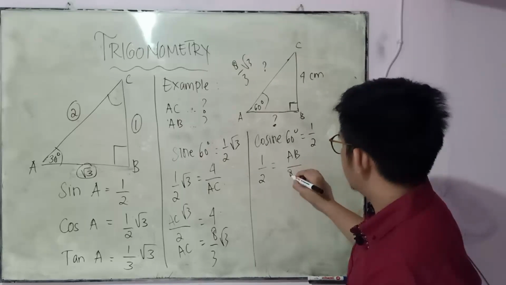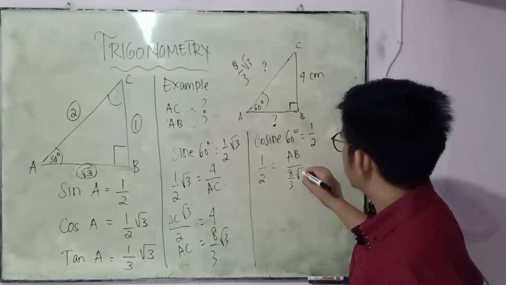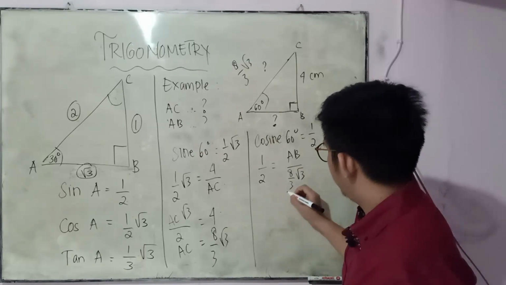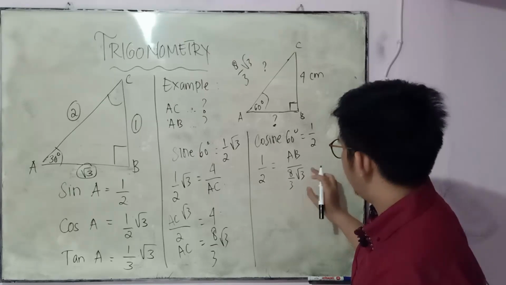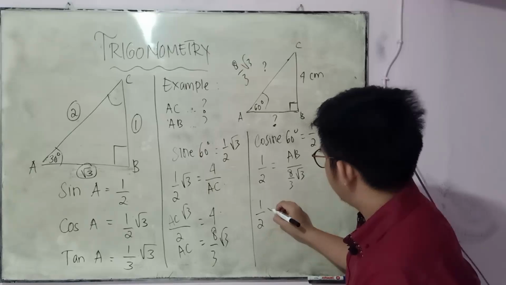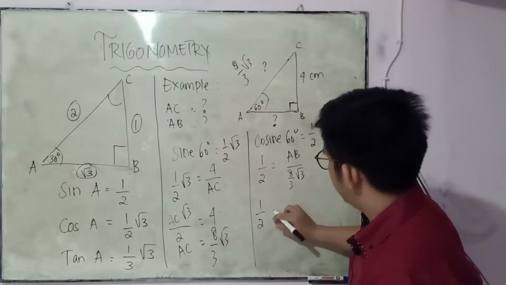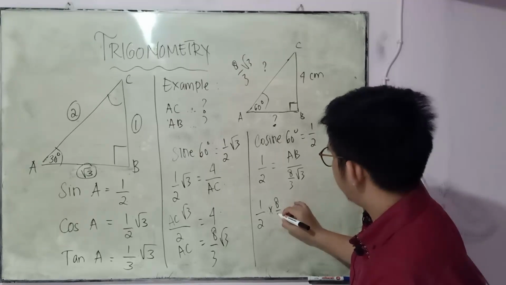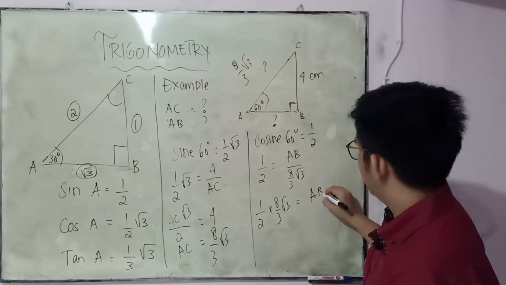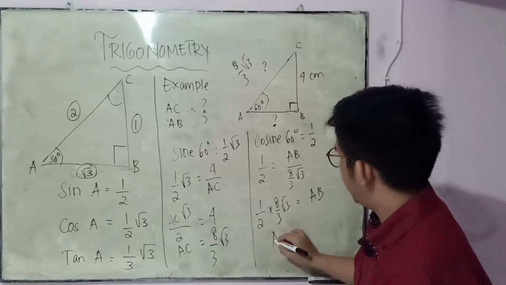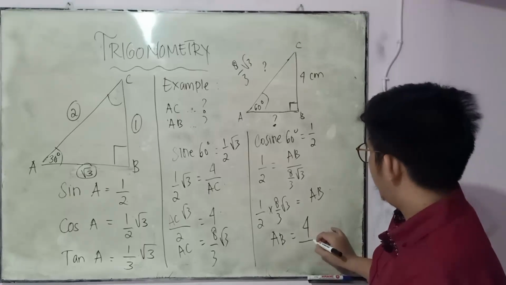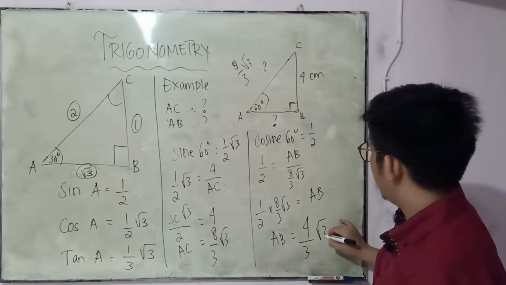As we know, AC is 8 over 3 times the square root of 3. And now we can just multiply both sides by 8 over 3 times the square root of 3, like this, equals AB. So we've got AB, 4 over 3 times the square root of 3.